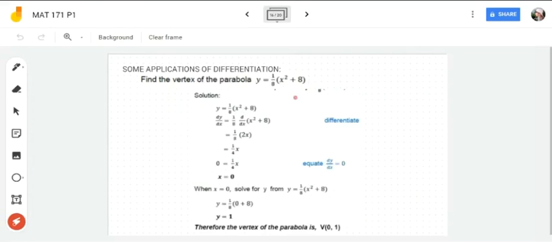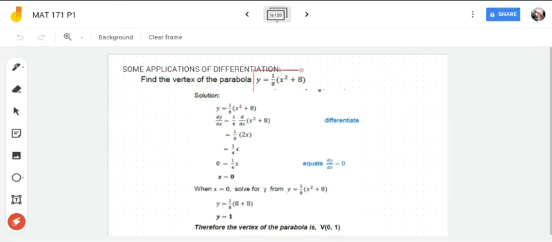Let's find the vertex of the parabola 1/8 quantity x squared plus 8. In getting the vertex of your parabola, you simply get the first derivative of your function, and then you equate the derivative to 0.